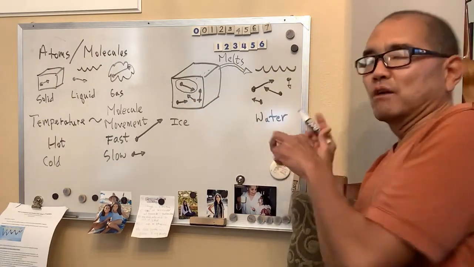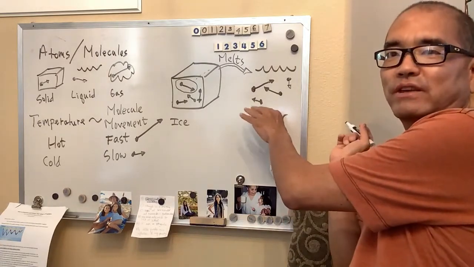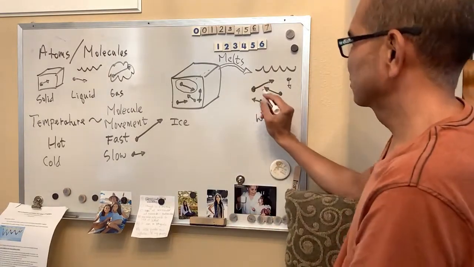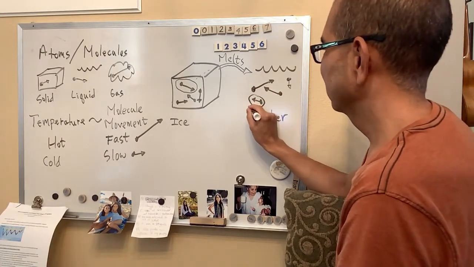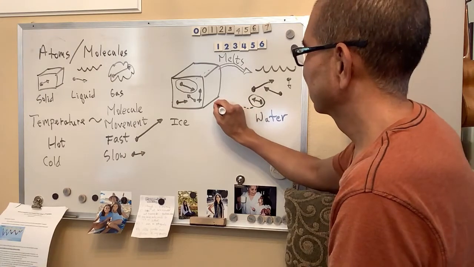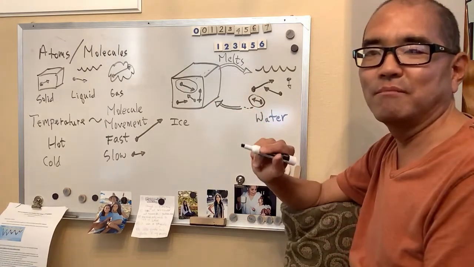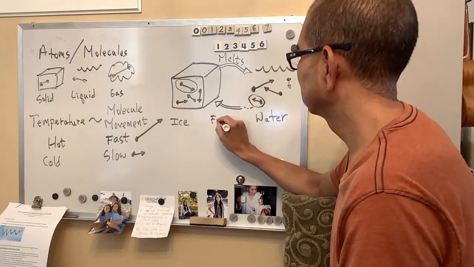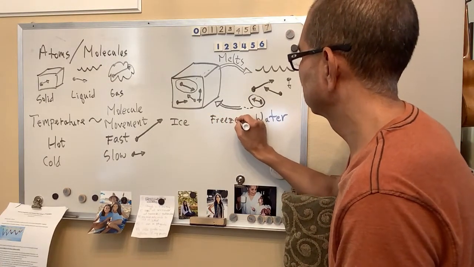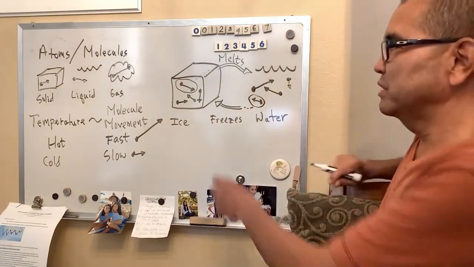Okay, now believe it or not, in water, the shorter moving molecules or the slower moving ones, like this one here, actually freezes and becomes ice. Okay, and this process keeps repeating.